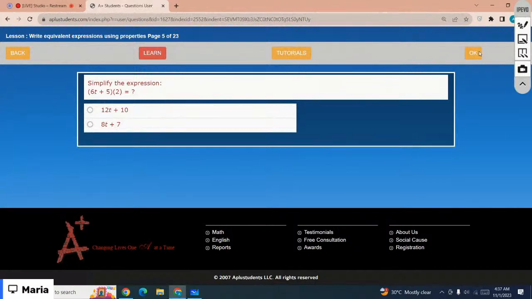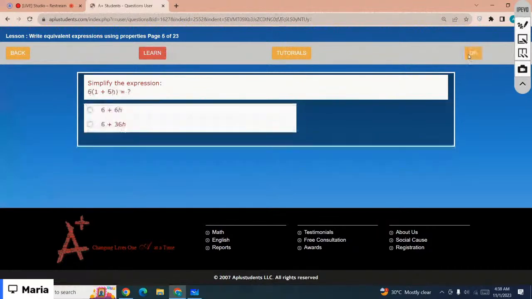Okay, simplify the expression 2 times 6t plus 5. So, which is the correct option? The correct option is 12t plus 10, option number 1 is the correct option, right?